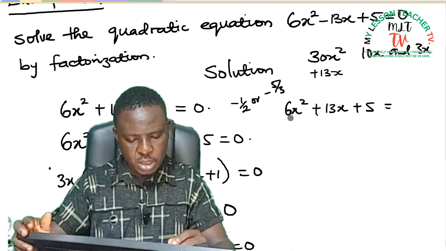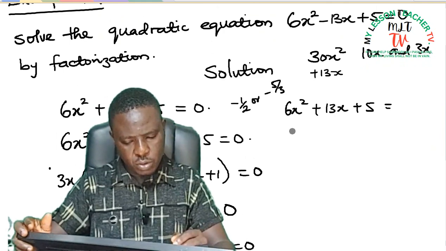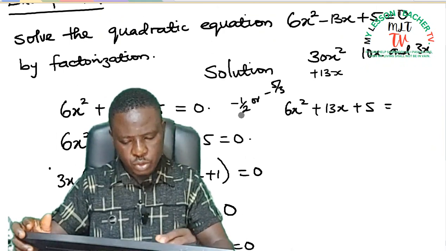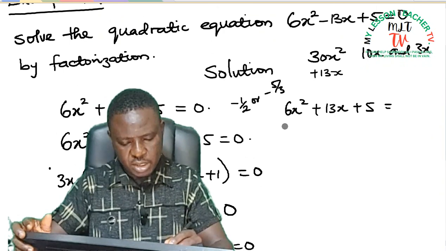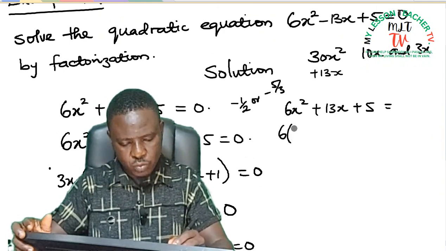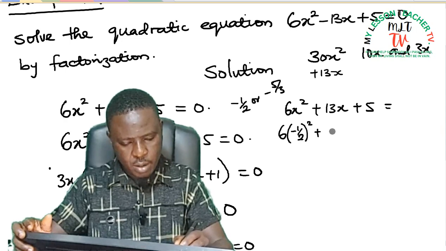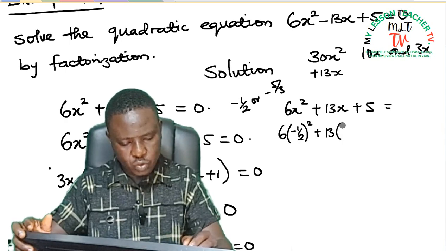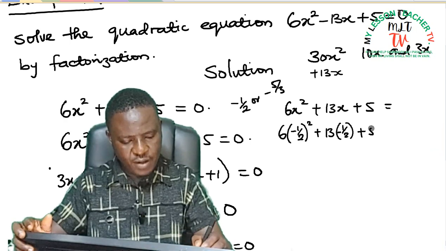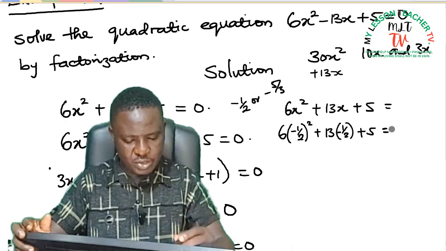So let's see if this is correct. Substituting minus half for x into this equation, we have 6 into bracket minus 1 over 2 squared plus 13 into minus 1 over 2. When you add 5 to it, will it be equal to 0? Let's see.